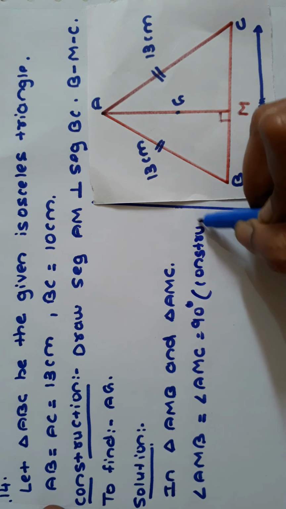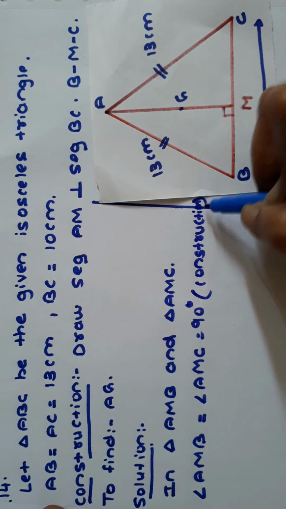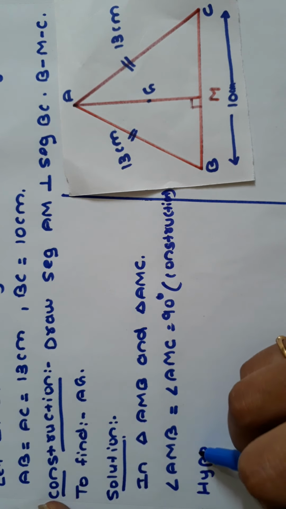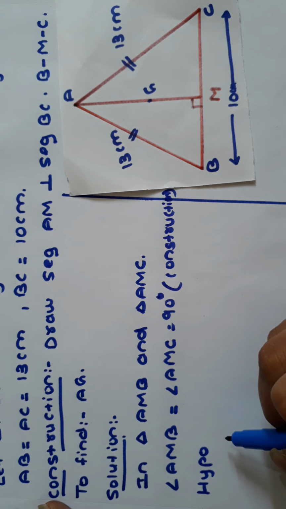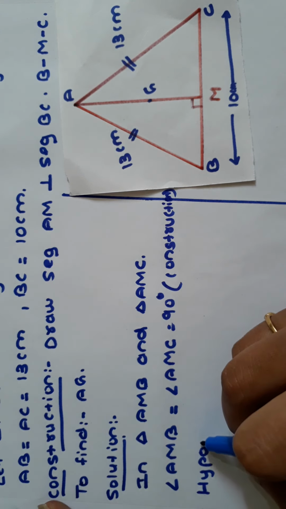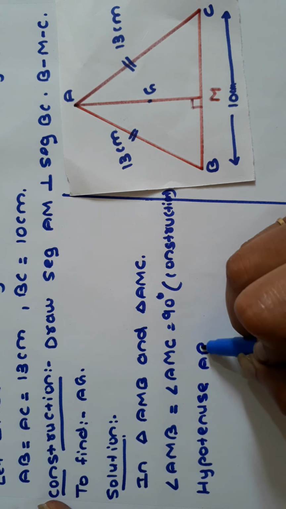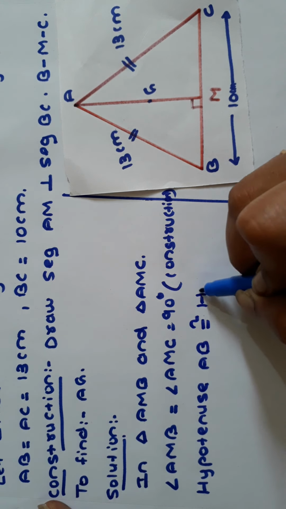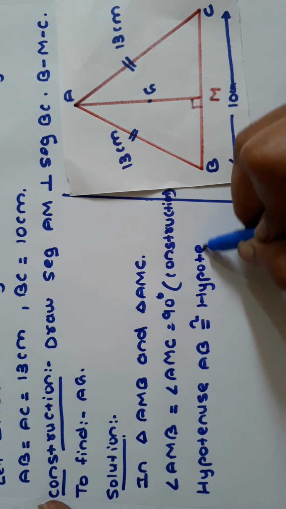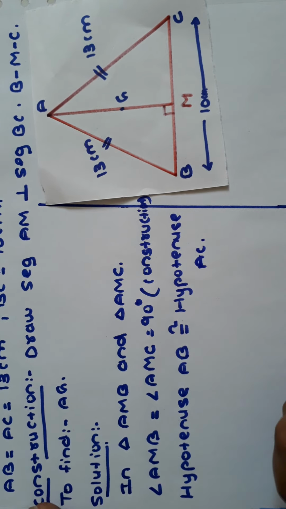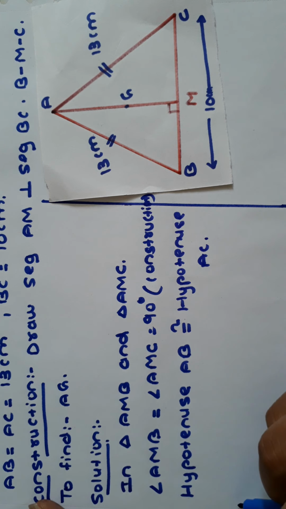This we get by construction. Hypotenuse of both the triangles are congruent because it is given. Also AM is a common side.